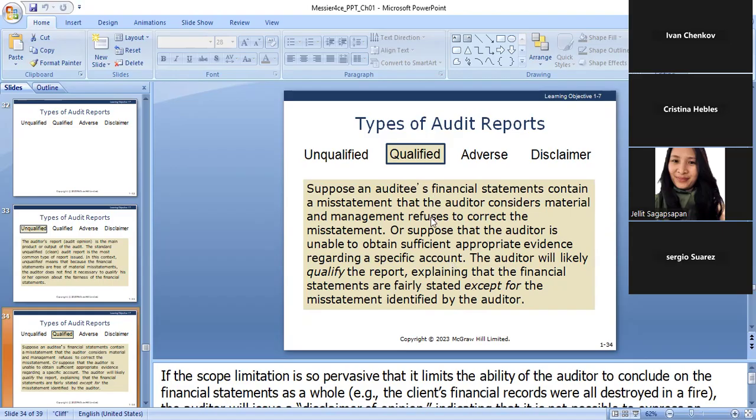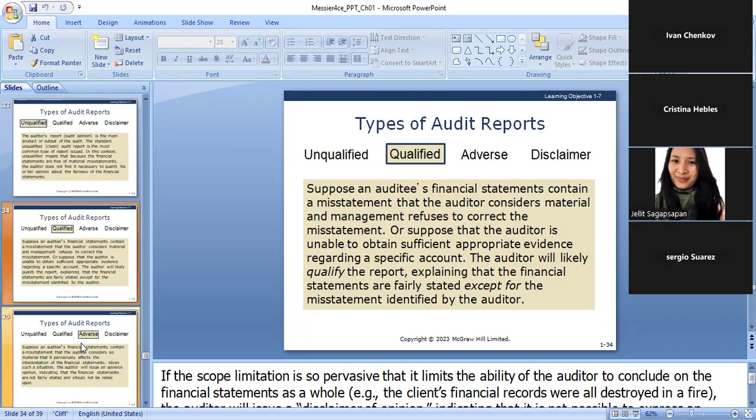So there are two options here. Either we find the misstatement, tell management, and they say, no, I'm not correcting this. That's enough ground to get the qualified report. Or we cannot obtain sufficient appropriate evidence regarding a specific account. Then we're going to issue the qualified opinion.